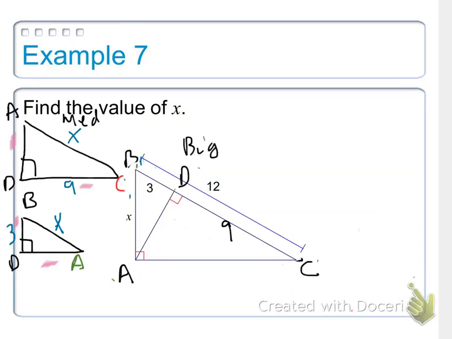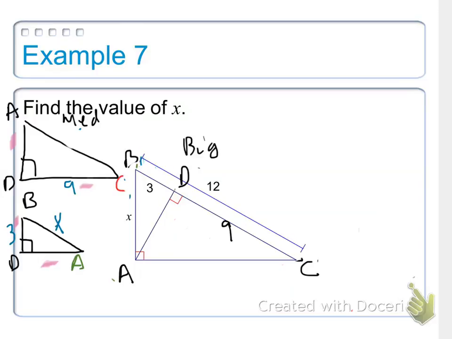I think we labeled something wrong here. AB is X. Oh, I know where we made a mistake. This is not X. This is AC. That distance there is AC. What's AC in our picture? We don't know it. What's AD? We don't know it. What's AB? We don't know it.